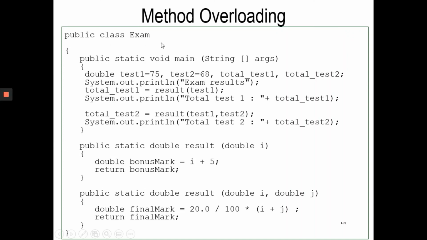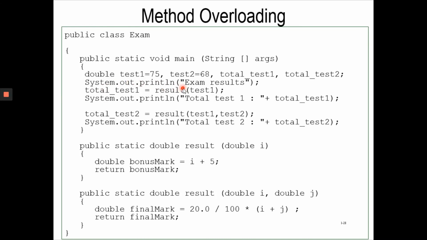So we have class Exam, and here we have the main method, and after that we have double result. Here also is a result. So we have two result methods, but the difference is that here we have two parameters, and here we have only one parameter.